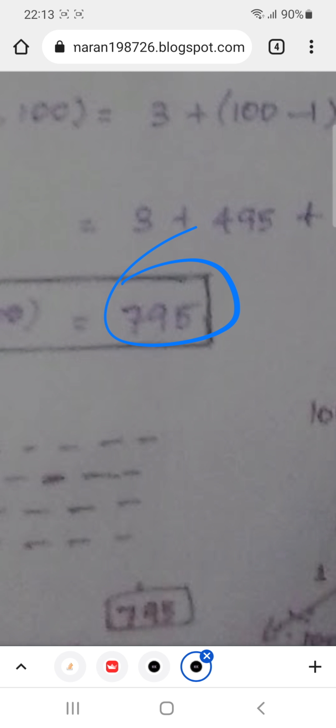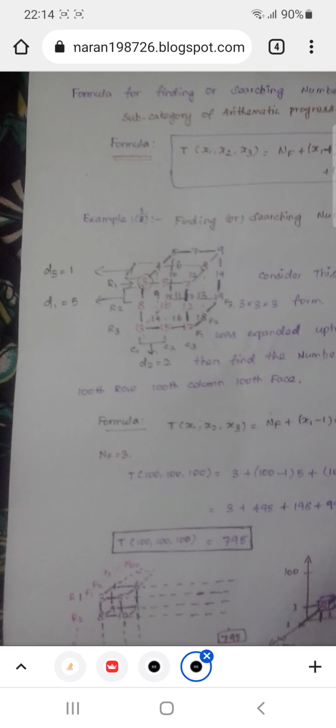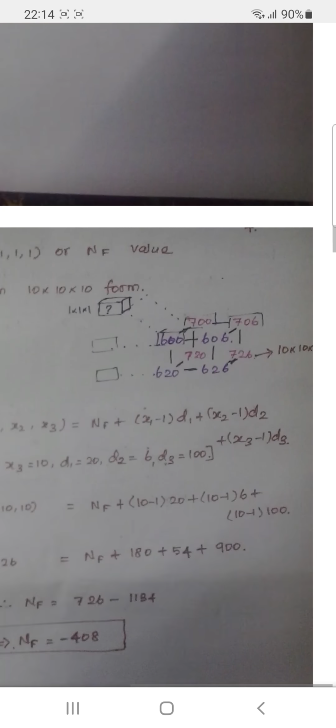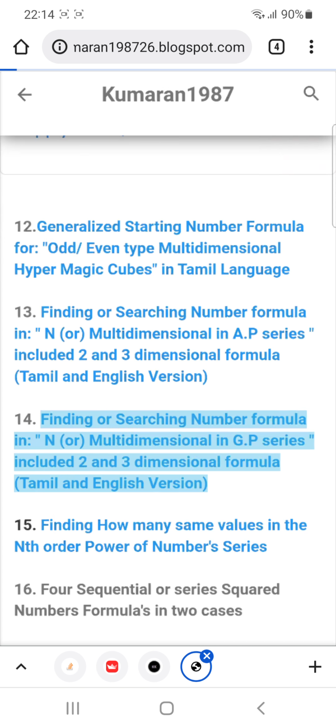So if I have a three-dimensional cube, with the information about the 100th column, 100th row, and 100th phase, I'm getting the value 795. This is all about arithmetic progression. And then let's go into geometric progression.